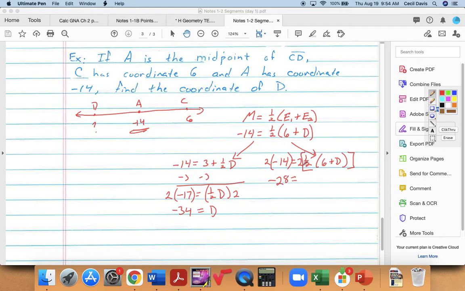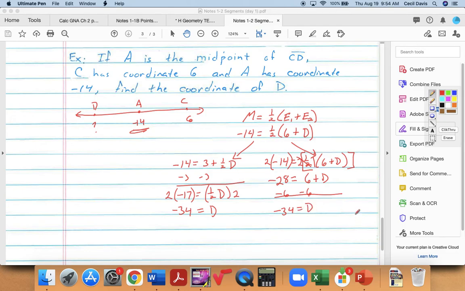And 2 times a half is 1. So we just have 1 times 6 plus D, which is just 6 plus D. Subtract the 6 from both sides, and we have negative 34 is equal to D.